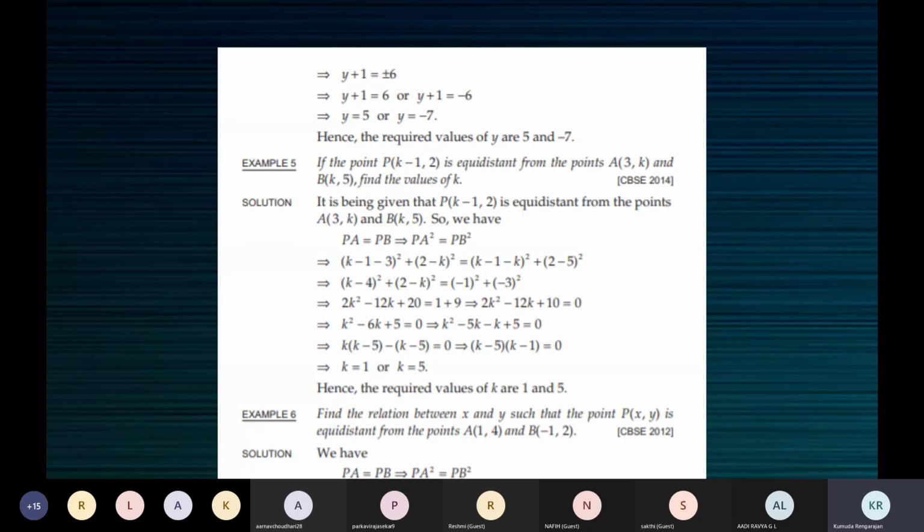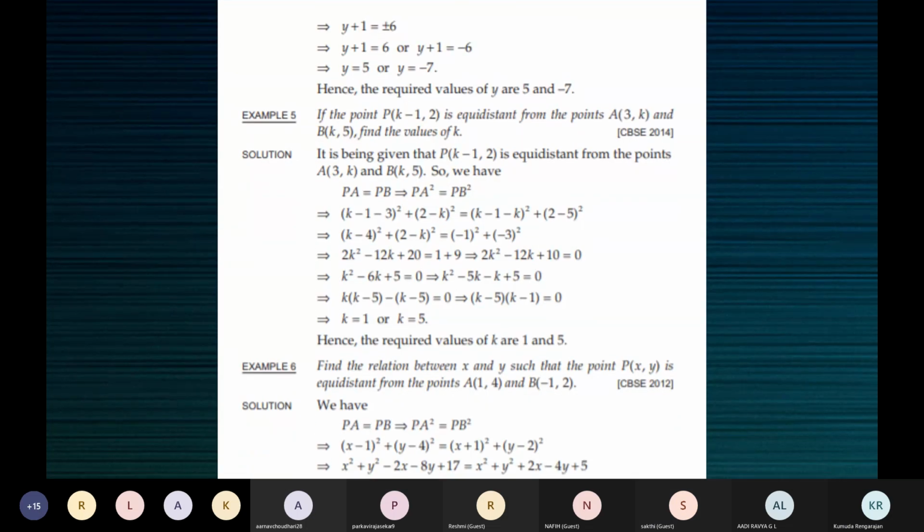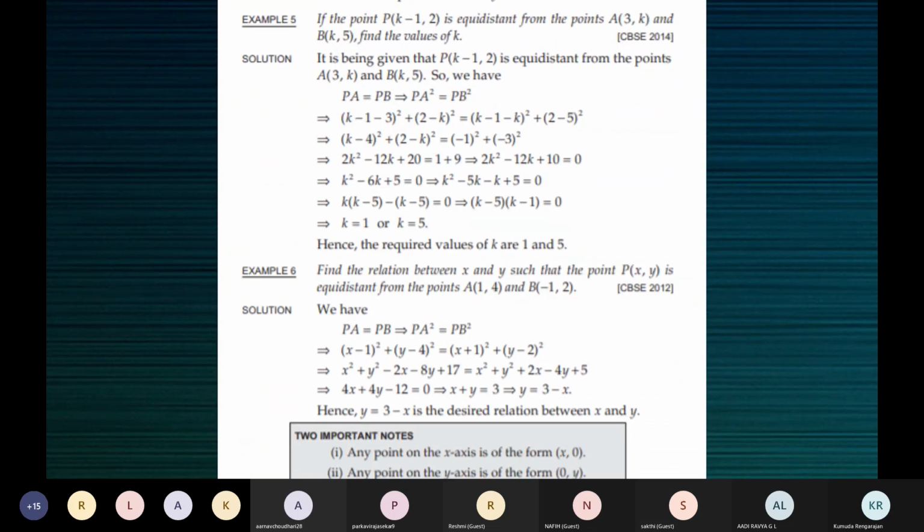Let's not start with a negative sign. So change the signs throughout. So I think you get x plus y minus 3 is equal to 0, ma'am. Yeah, let's see. x plus y minus 3 is equal to 0. Yeah, you leave it like this, children.